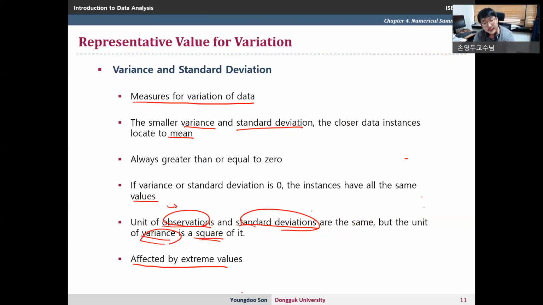So, like the median, we need another measure for the variation which is less affected by the extreme values, or in other words, which uses the ranks of the data points rather than the values of them.